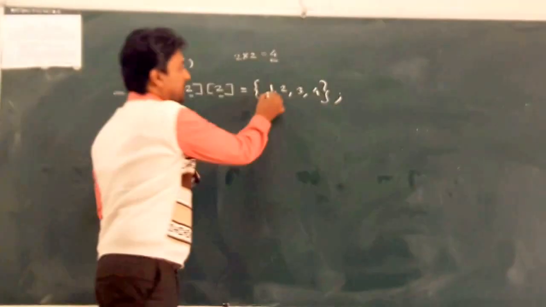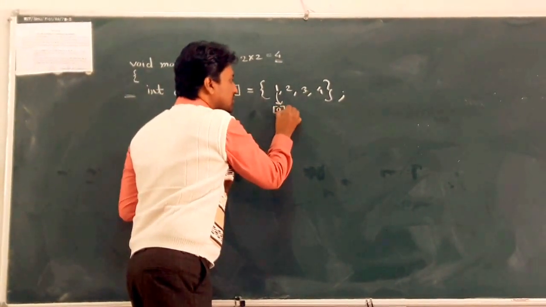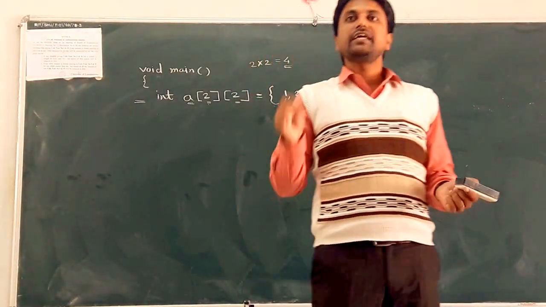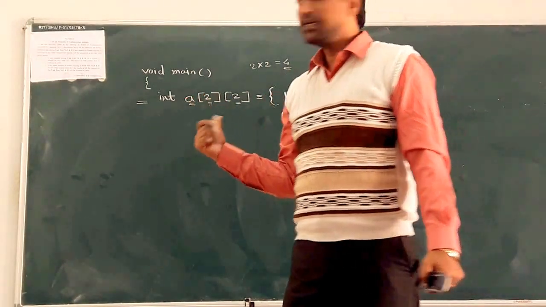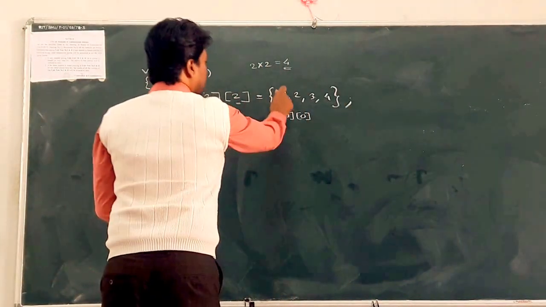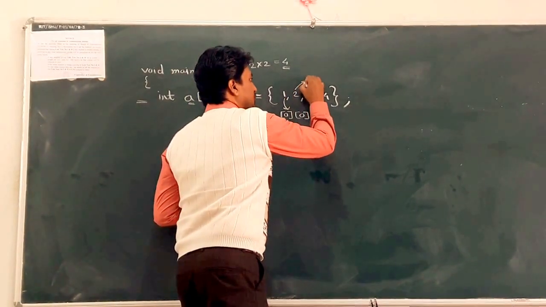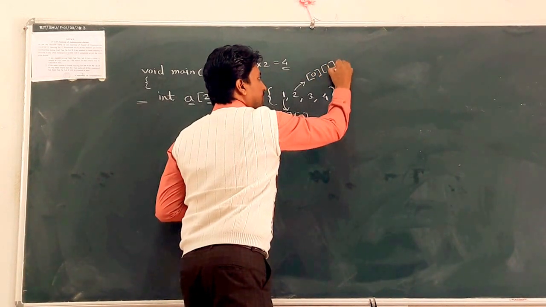Clear? So first element 1 is stored at the index 0, 0. Here also in a two-dimensional array, index starts from the 0th location. So first element 1 is stored at location 0, 0. Second element is stored at location 0, 1.